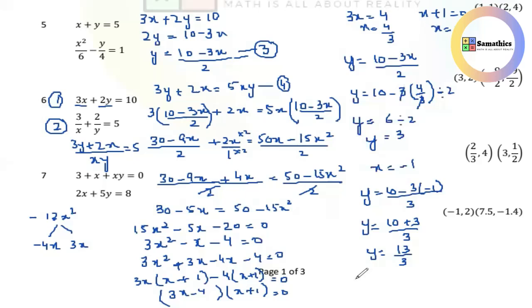So we have here 4 upon 3, comma 3, and we have minus 1, comma 13 upon 2.